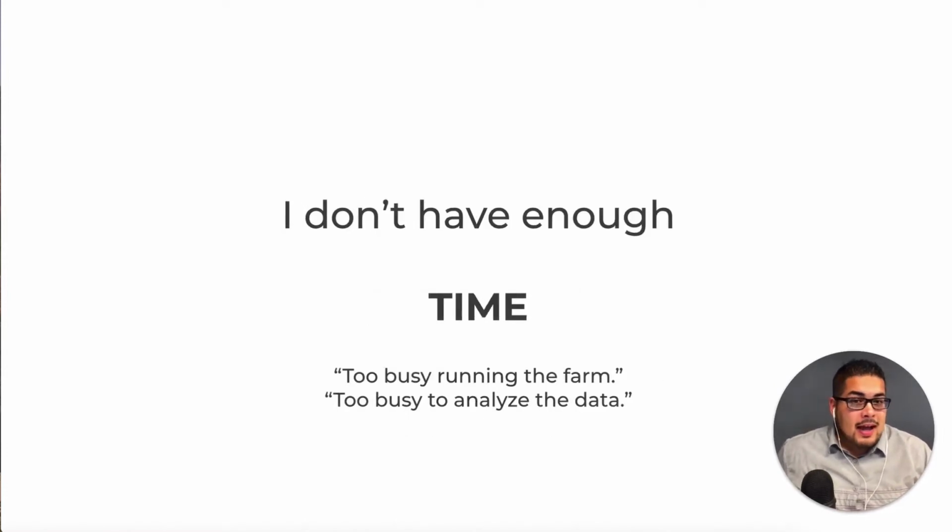A lot of people say, I don't have enough time. A lot of farm managers say this because they're just too busy running an awesome farm that they can't record their water metrics, or they're just trying to keep things in motion. My business partner, Daniel Robards, goes out to the farm and pulls out his phone, enters the data and all the metrics and the water parameters and everything.